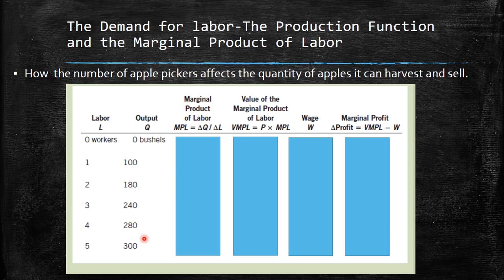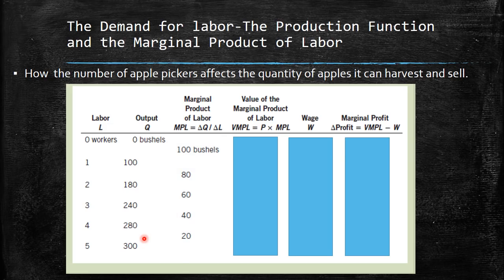An additional worker, if we keep everything else constant, such as the ladders they need to climb to pick the apples, so we have the same quantity of ladders, then with more people they will be less efficient. This is the diminishing marginal product of labor.